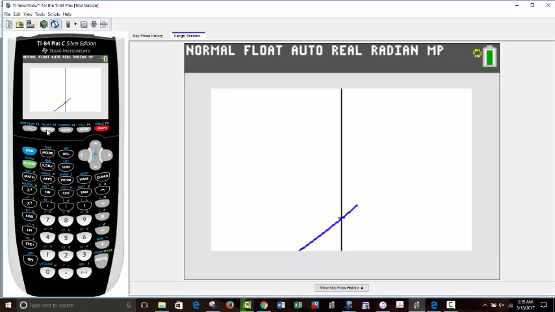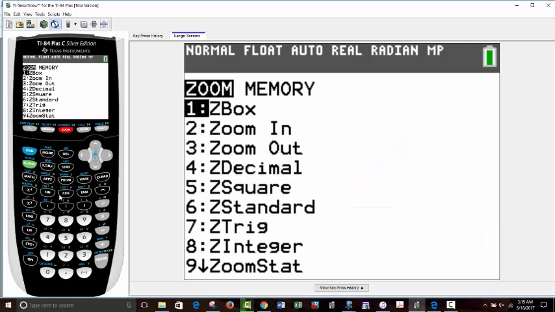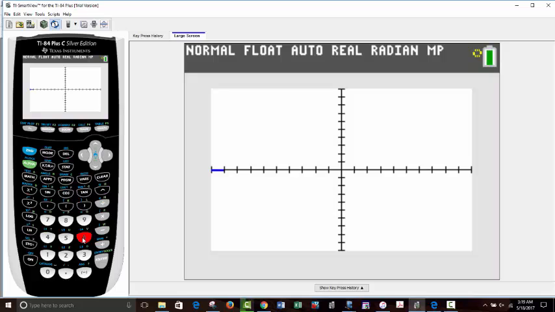Let me put a zoom standard here and see what it does. Well, you see that as it goes to the right, it just rockets right up toward positive infinity. No horizontal asymptote. But to the left, it's floating around toward the line y equals 0. So we can still consider that a horizontal asymptote.